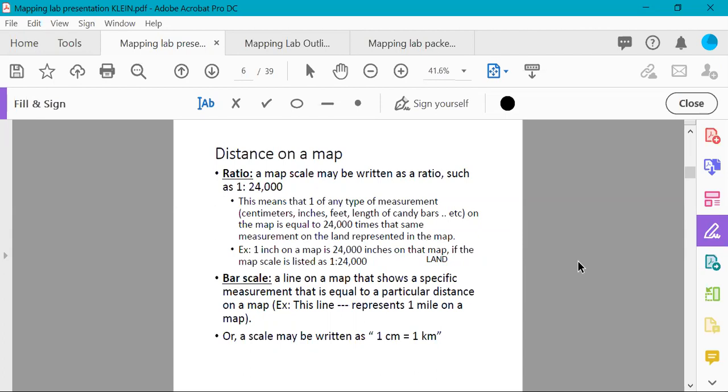So also you can have a bar scale. That's a line on a map that shows a specific measurement that is equal to a particular distance on a map. For example, this line here represents 1 mile on a map. Or you could write a scale like 1 centimeter on the map equals a kilometer in real life.